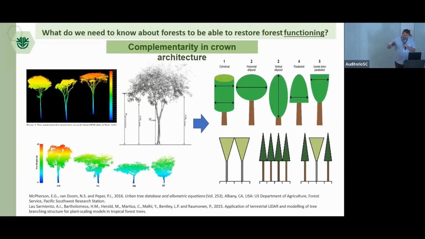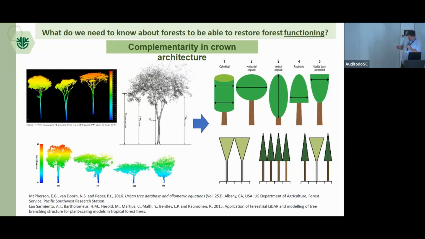This leads to the next trait, which I think is one of the most important ones: complementarity in crown architecture. Obviously, not every tree looks the same, but we can generalize crown types very easily, and the diversity of this is surprisingly low.